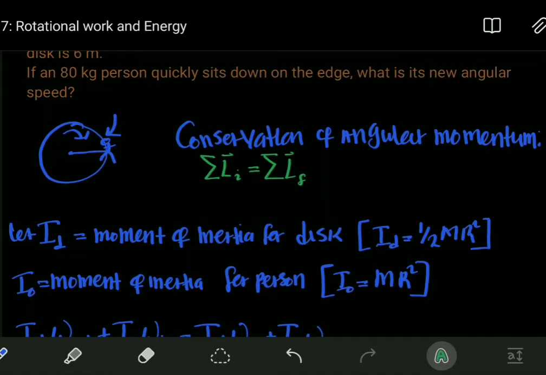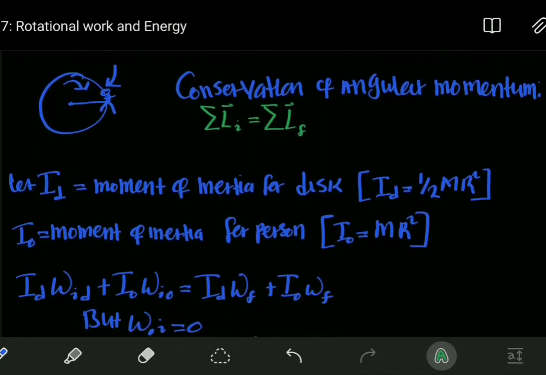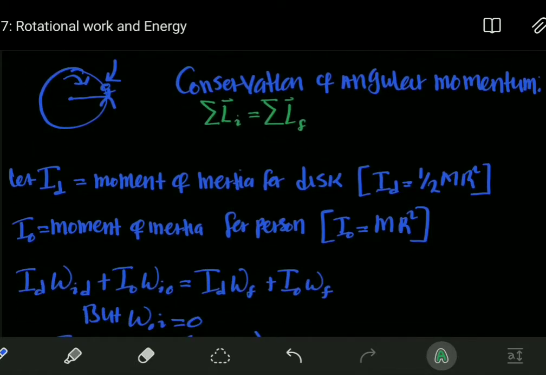Okay, so before we proceed, we have to take note that the moment of inertia of a disk is going to be I disk equals half MR squared, where M here is capital, meaning the mass of the disk, and also the moment of inertia for this person is I naught equals mr squared. Notice that the m here is a small letter, meaning the mass of the person.